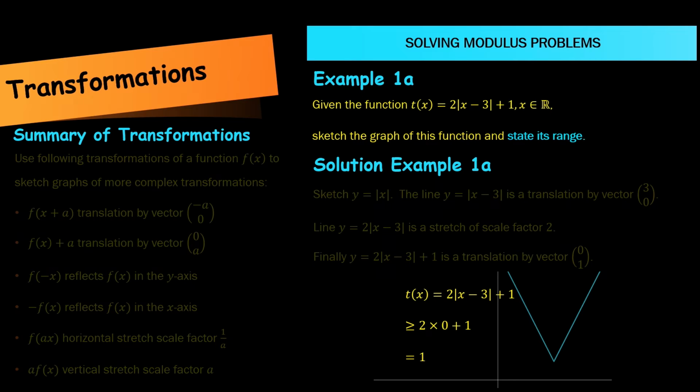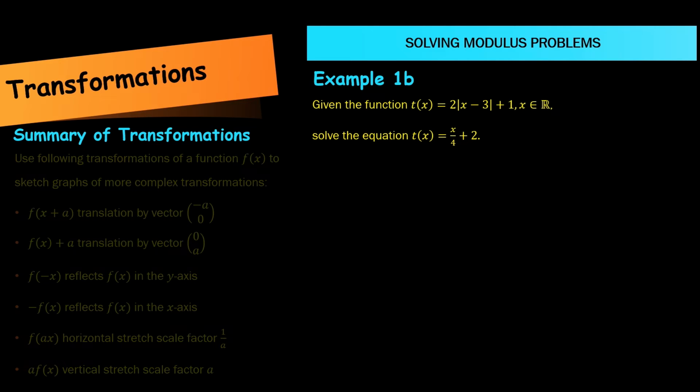And of course 2 times 0 plus 1 is equal to 1. Therefore, the range of t of x is y in the real numbers with y greater than or equal to 1.